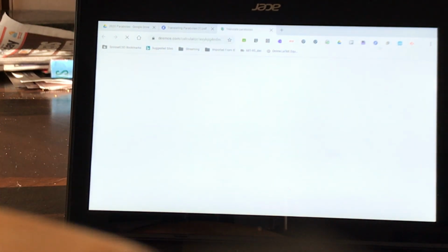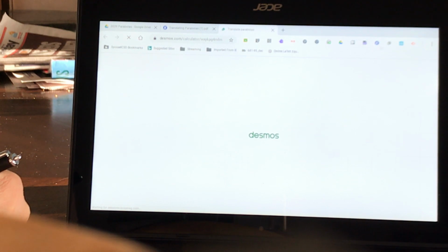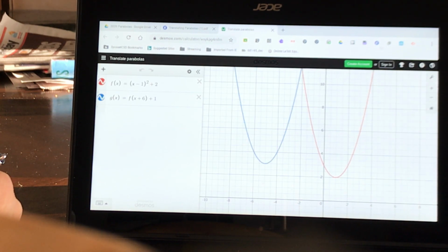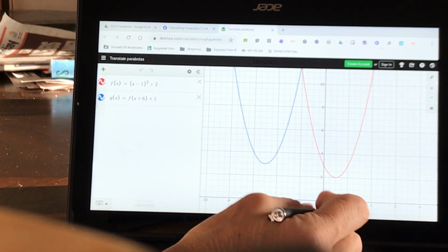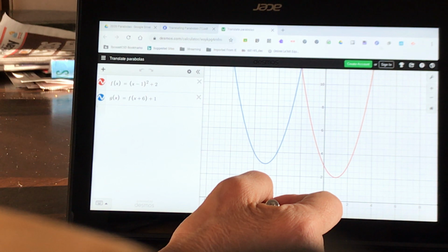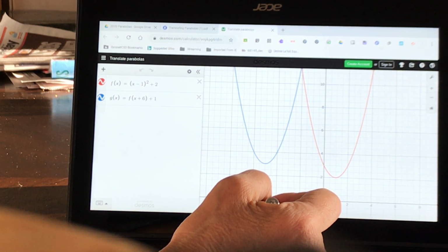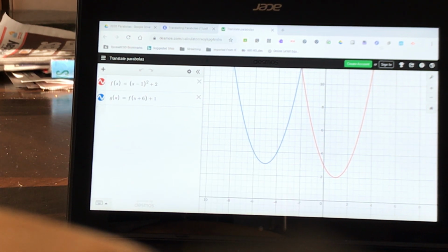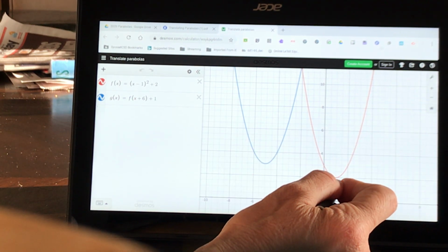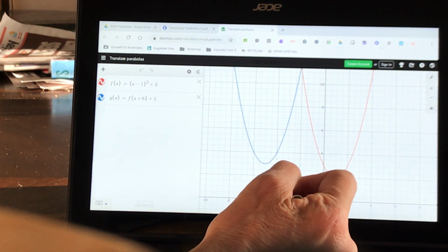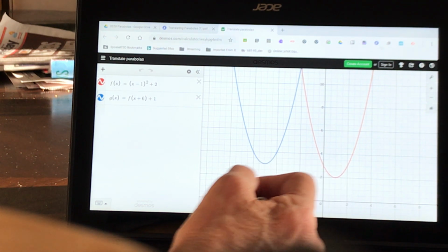So if we check on Desmos, we have f of x and g of x, all right? 1, 2 for f of x, and -5, positive 3 for g of x.